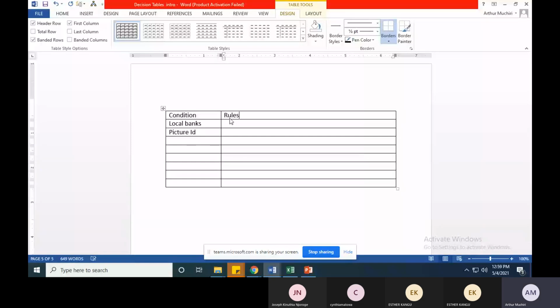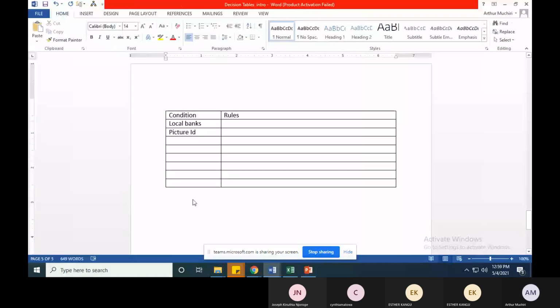How many rules are you going to have? In this one, you use x to power n. This is a rule that will determine the number of columns that you're going to have here. It will be x to power n. We said that x is the number of conditions.